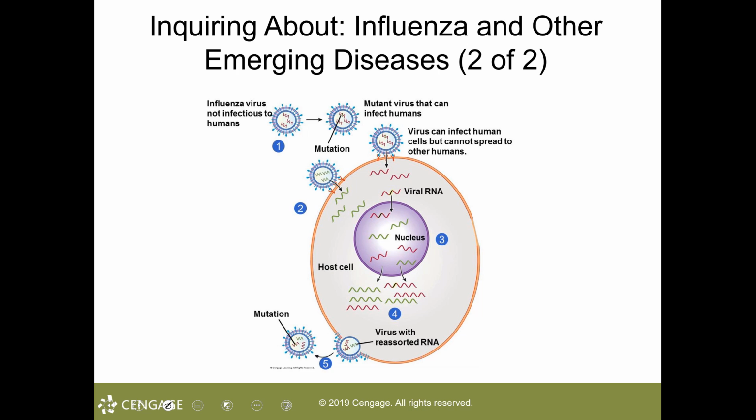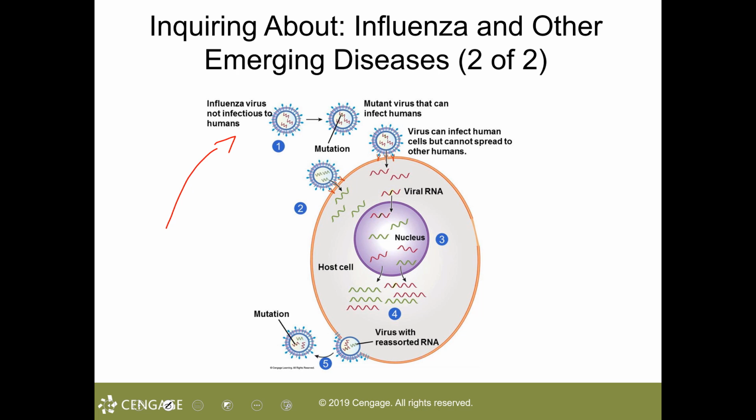So secondly, class, getting into what I showed right before, is the way in which the H1N1 evolves as it mutates and its RNA reassorts in, of course, humans, swine, and birds, and eventually becomes virulent. What happens, class, is the influenza virus is, of course, not infectious to humans.